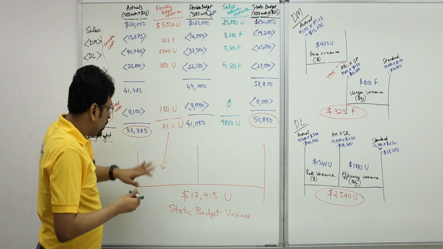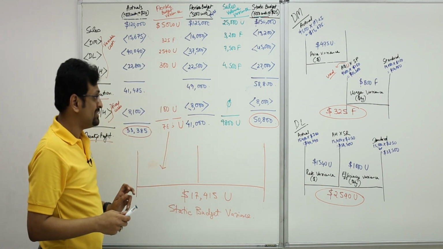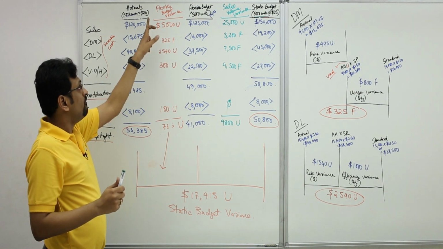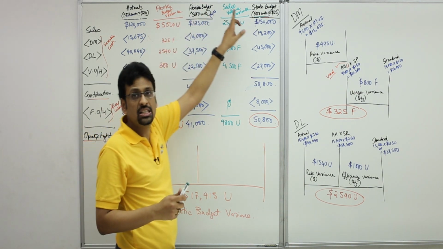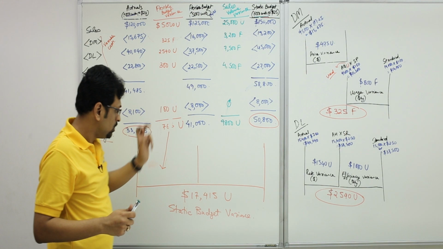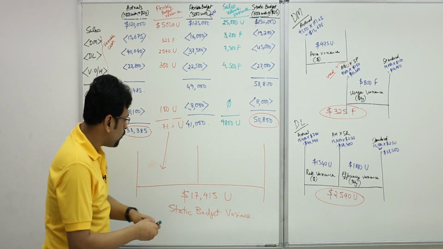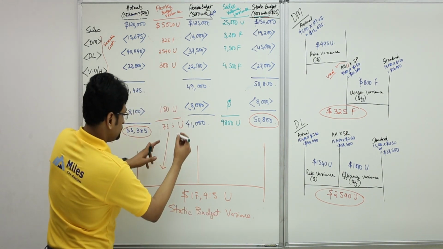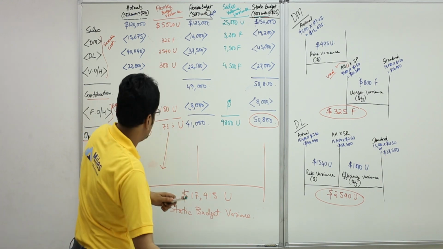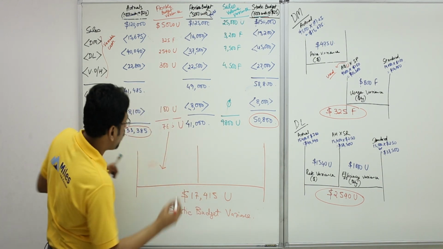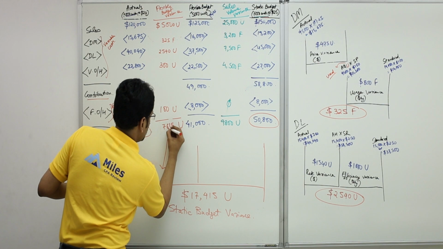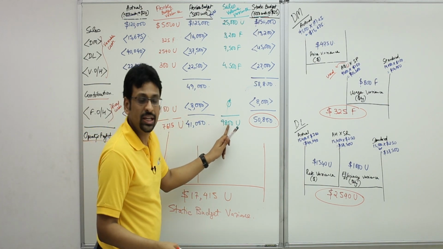So once again, what we are saying is the static budget variance is the sum of flexible budget variance and sales volume variance. Look at it. $17,415 is equal to 7,615 plus 9,800.